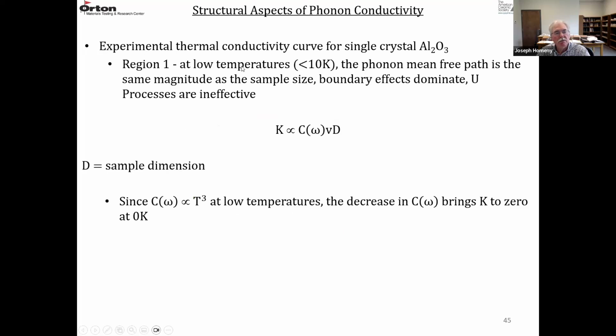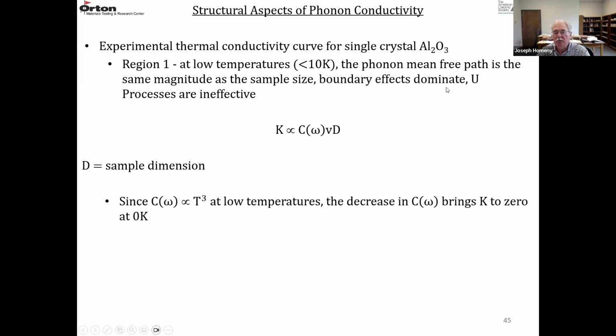So region 1 is very low temperatures, less than 10 degrees K, just above 0 degrees K. The phonon mean free path is quite large at very low temperatures. It's the same magnitude as the sample size, on the order of centimeters. So boundary effects dominate.